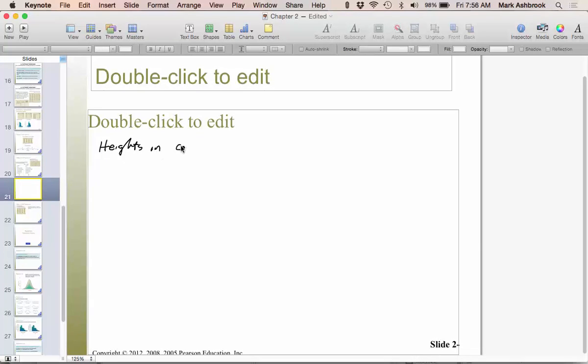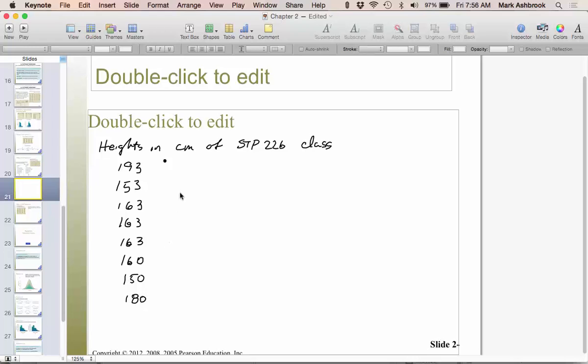All right, here we go. So heights in centimeters. Mine was, I already forgot. What was it? 193? Okay, here we go. 153? 163? You're all going to end in 3? 163? 160? 150? 180?